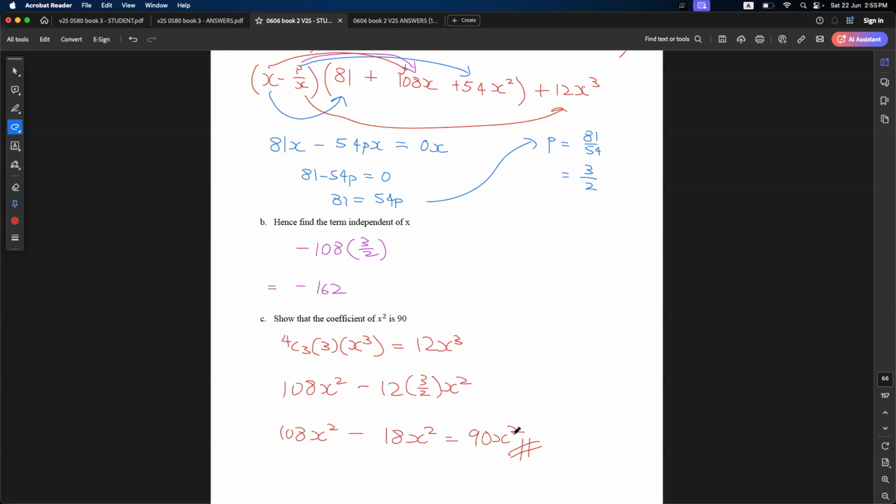When they say "show that", you write down all your working, as much working as possible.